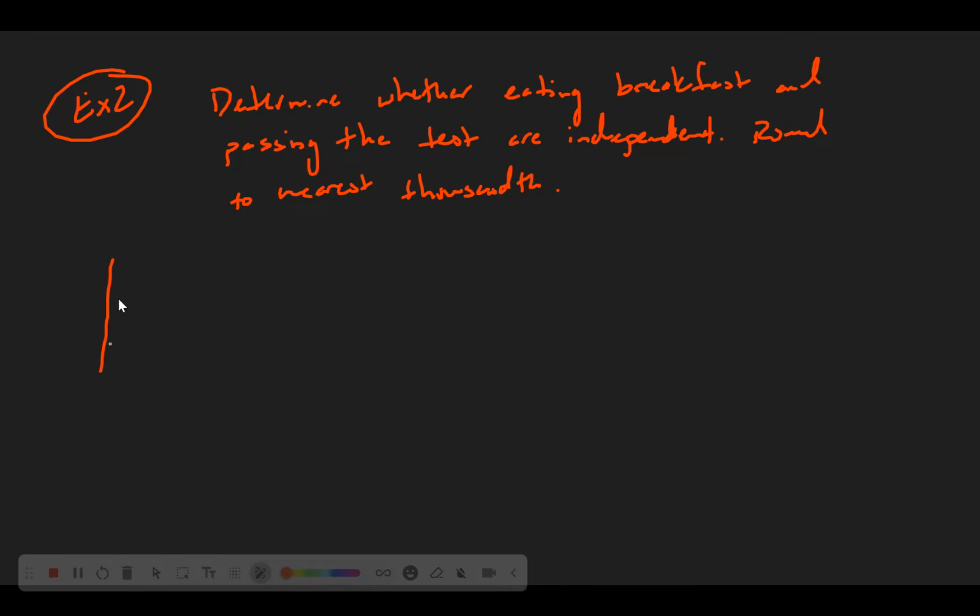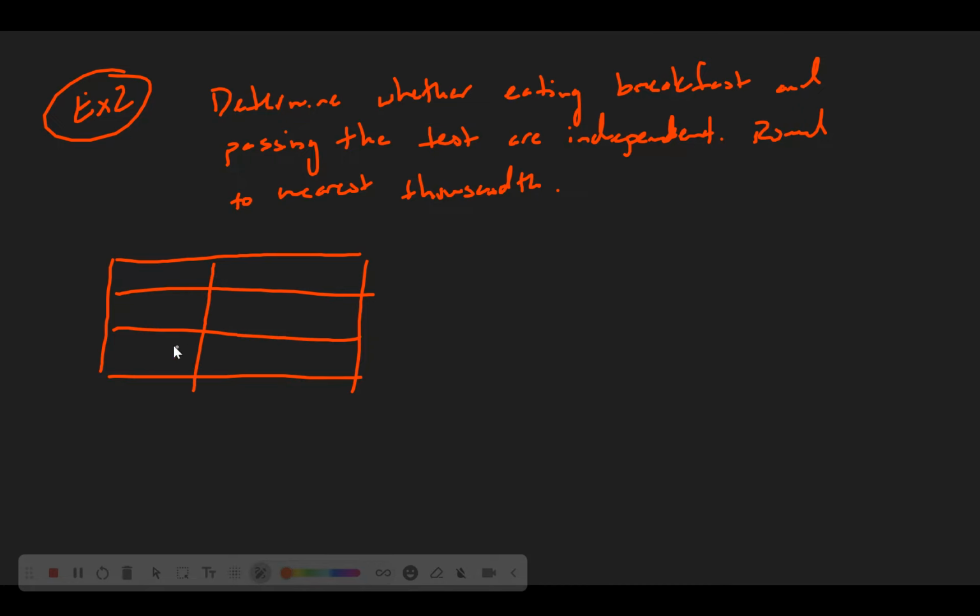So here's my two-way table. You're going to get data. Again, they don't give us the totals. So this is breakfast, no breakfast, pass, fail.